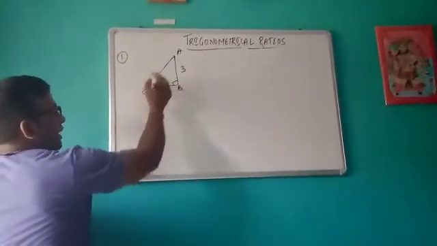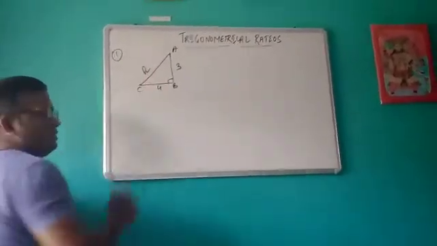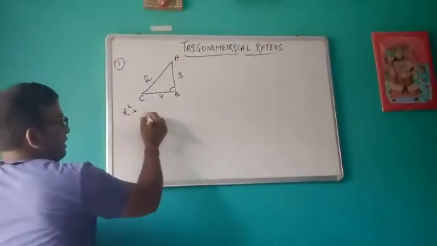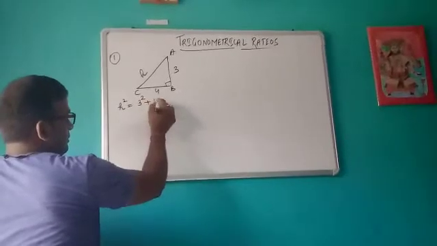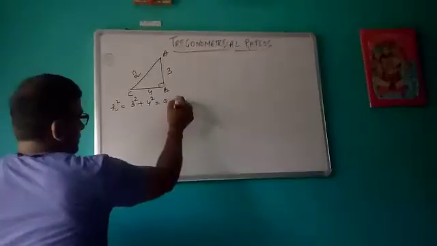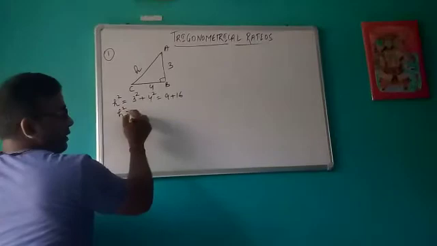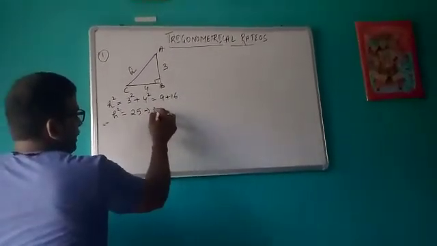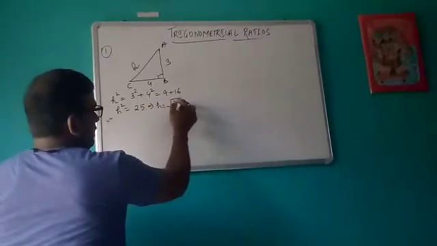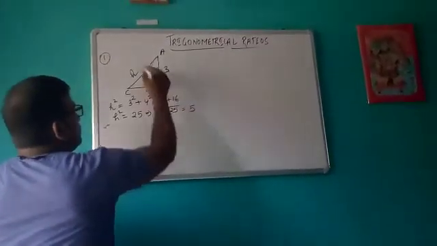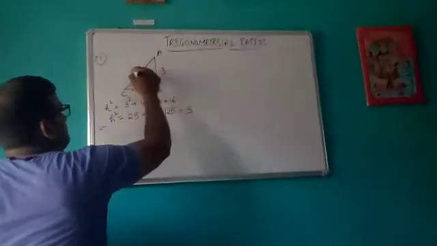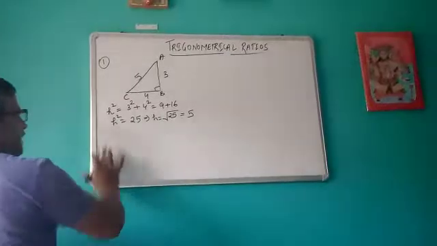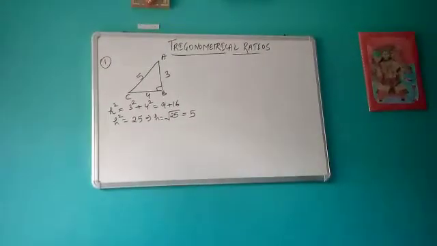AC, and AC is the hypotenuse. So we will use the Pythagoras theorem: h square is equal to 3 square plus 4 square, that is 9 plus 16, so h square will be 25. So h will be the square root of 25, and we take only the positive value, so this is equal to 5. Whenever you are solving figure questions, always remember to find the side which is not given.